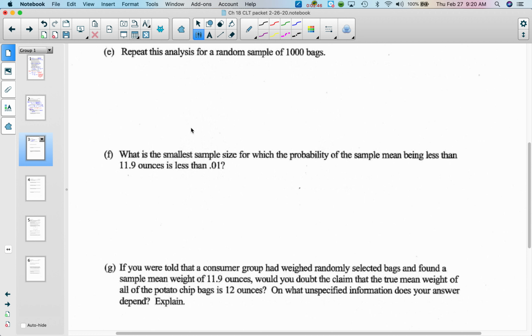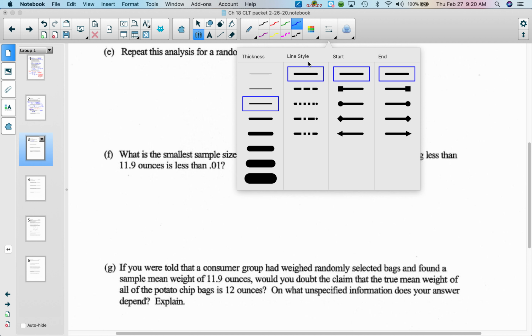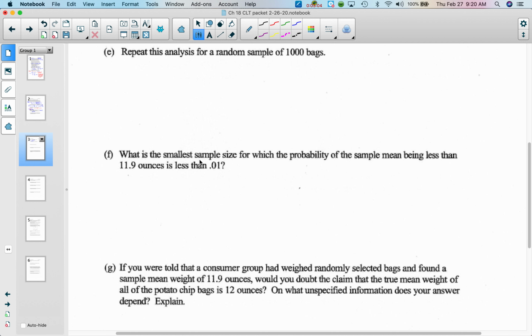Then you get to this problem, part F. What is the smallest sample size for which the probability of the sample mean being less than 11.9 ounces is less than 0.01? And what you're going to have to make use of for this part is a z-score. If you recall from when we did z-scores before, to calculate a z-score, you take x minus mu over sigma. That was in general what we talked about before.